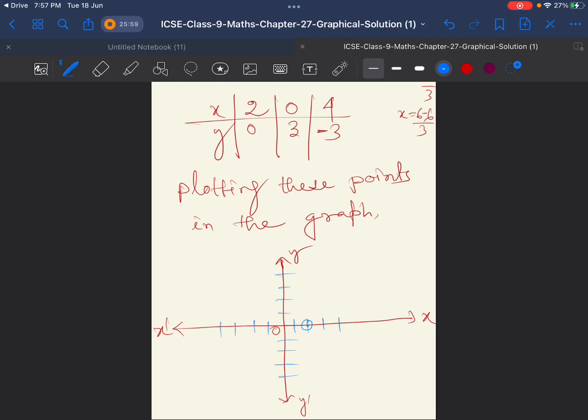Now we plot the point (2, 0) here, this is the (2, 0) point. Then (0, 3): 1, 2, 3, this point is here. And (4, -3): 1, 2, 3, 4 and -3, this point will be here. So now we draw a straight line.